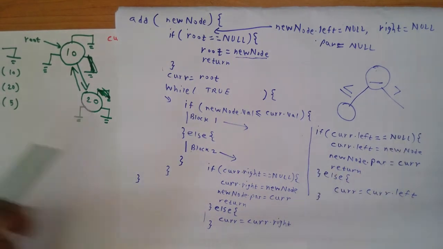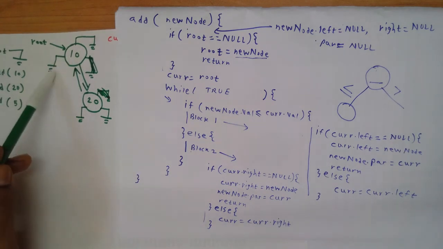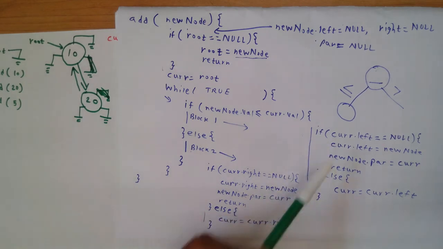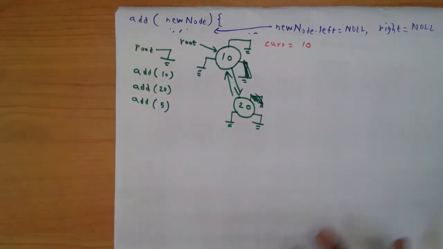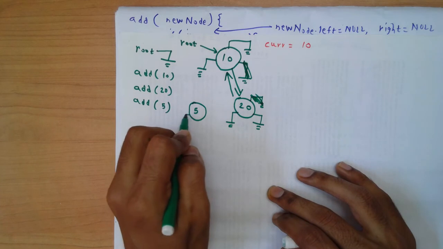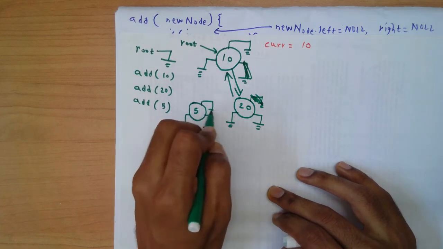My current is node 10, and the left pointer of my current is null, so it is true. So I'll enter in here, and now I will say that current dot left is new node. Let me represent my new node. New node is 5, and we have ensured that its left, right, and even the parent are all null.